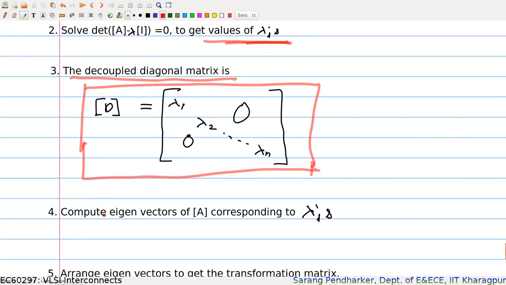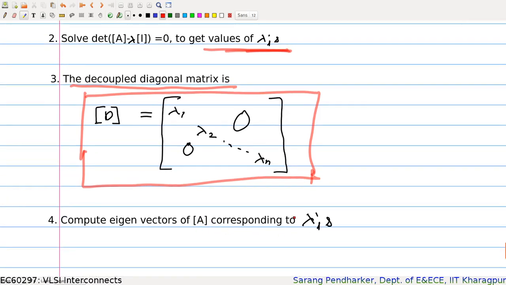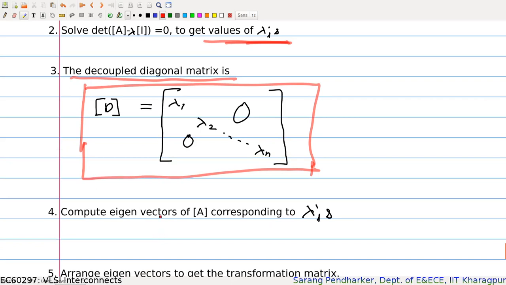Then you compute the eigenvectors for A corresponding to each lambda i. Note that the order of stacking is important. For example, you can have alpha 1, alpha 2, alpha 3, and this can be your P matrix.